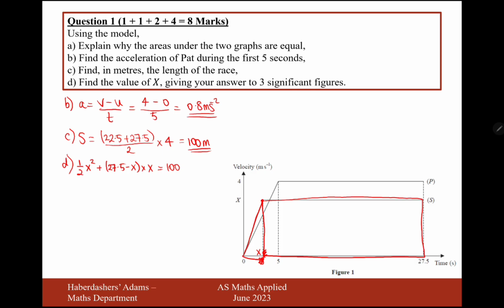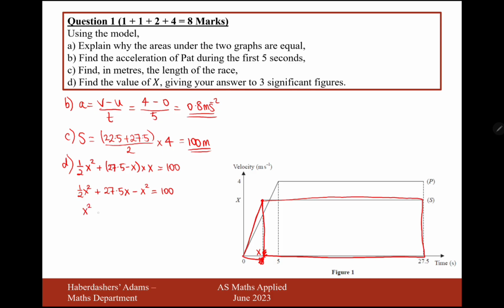Okay, it looks like we've got our quadratic starting to form here. So let's first of all expand the brackets. So it's going to be add 27.5x minus x squared equals 100. Let's multiply everything by 2 to get rid of all of these halves.